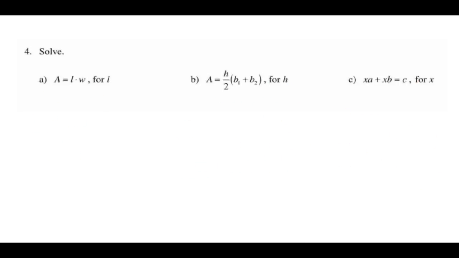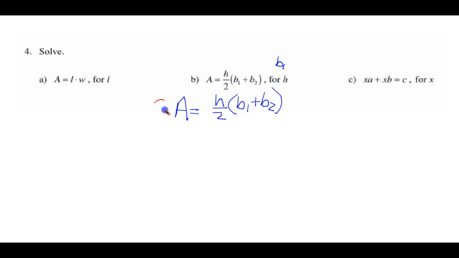Now, another example that we sometimes use, instead of finding H, how about if we wanted to find B sub 1? Or we could have put B sub 2, but let's do B sub 1. Well, it starts off the same way. A equals H over 2 times B sub 1 plus B sub 2. Now here we want to get that B sub 1, but we still want to get rid of fractions first, always.